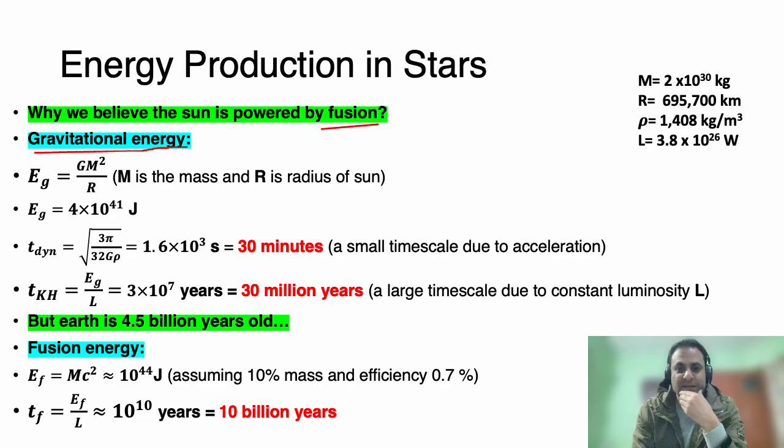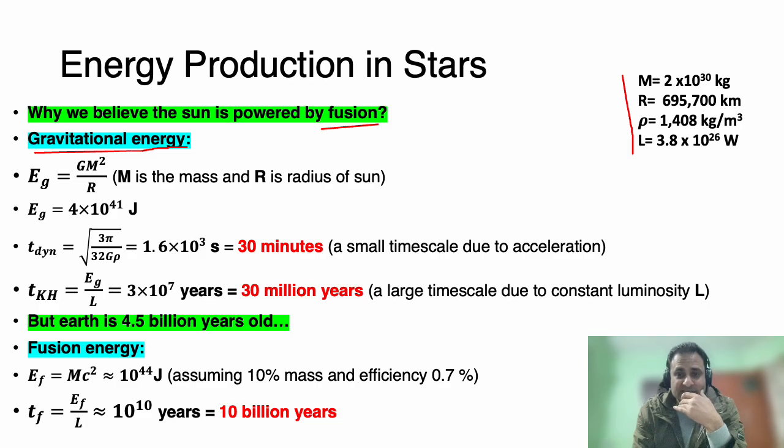So here are some parameters of the sun. The sun has a mass of about 10 to the power 30 kilograms. It's very, very massive. It has a radius of almost 695,000 kilometers, and it's very dense.